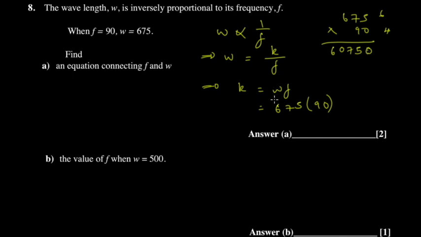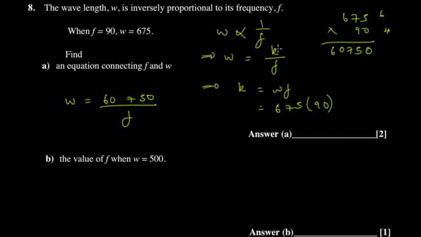So the equation connecting f and w would be w equals 60,750 divided by f. The wavelength is equal to 60,750 divided by f, because you're told the wavelength w is inversely proportional to the frequency f.